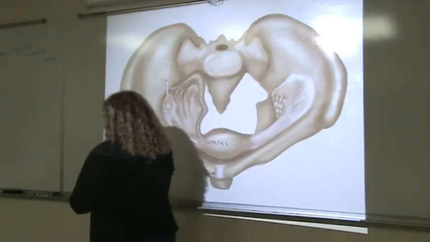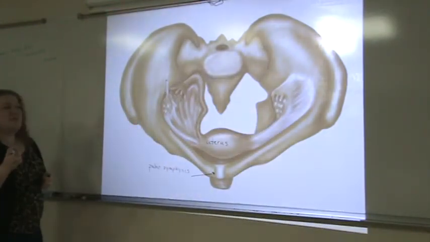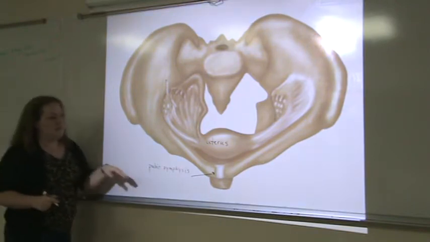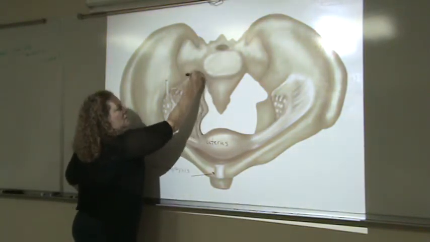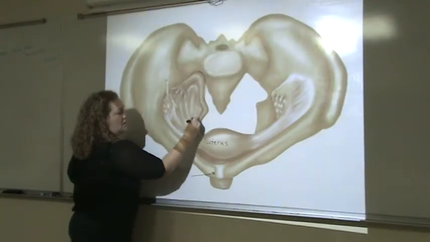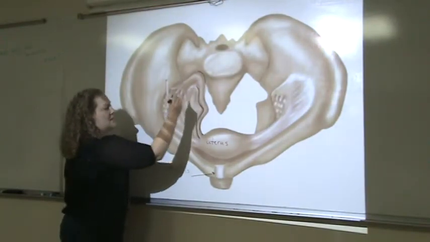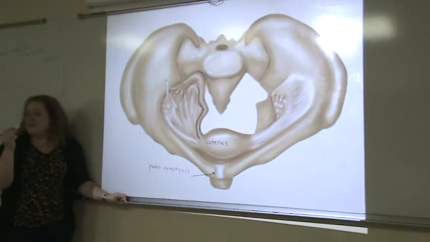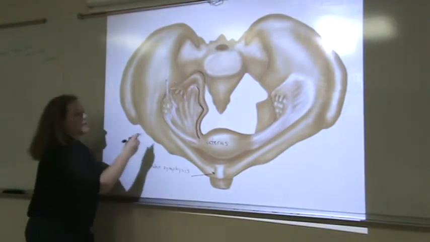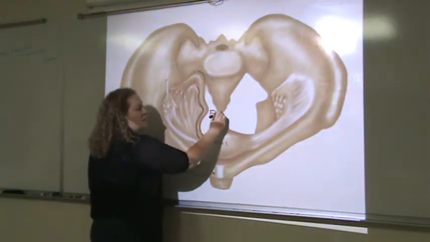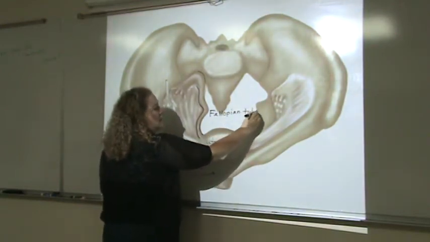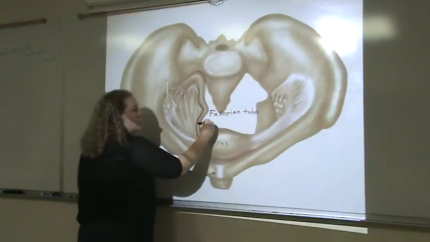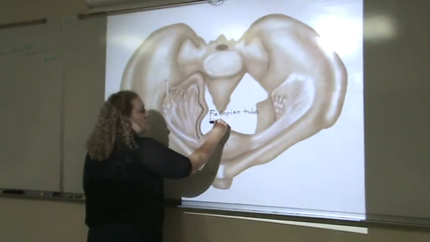Next structures, maybe I'll just label one side, but they go with both sides. So here, what is that? Yeah, this can be called fallopian tube, or uterine tube.